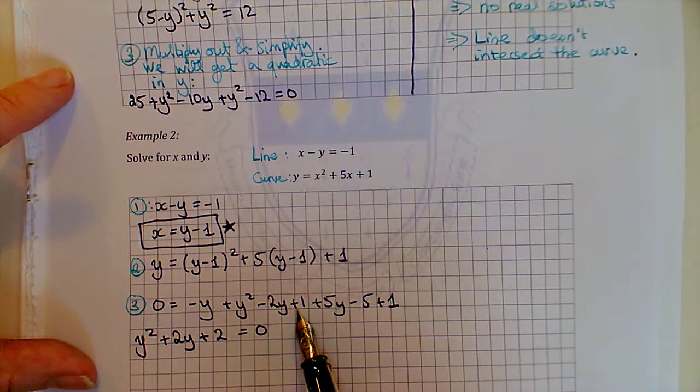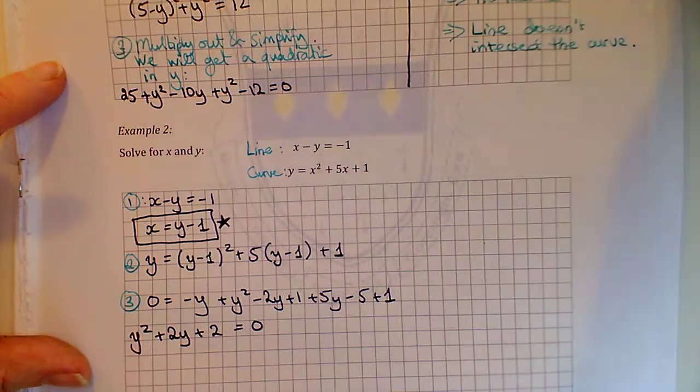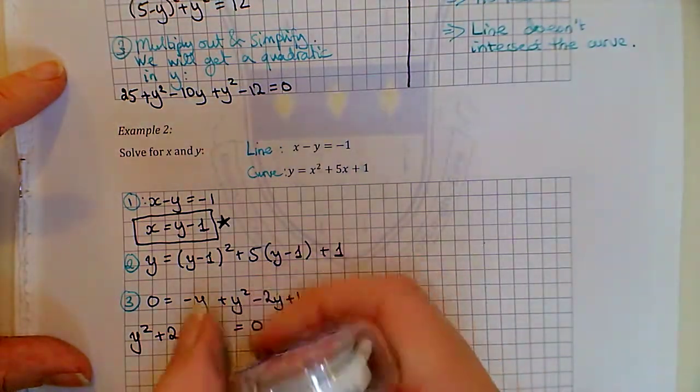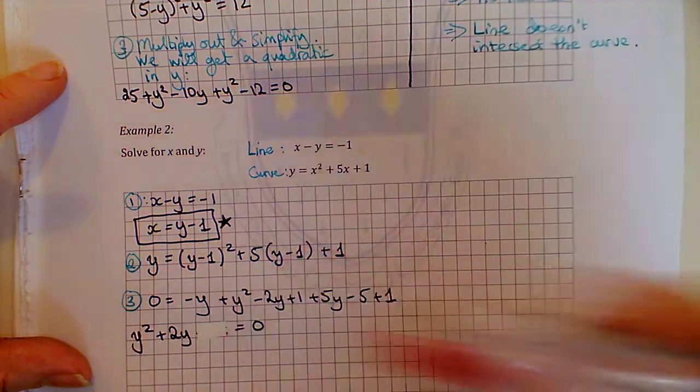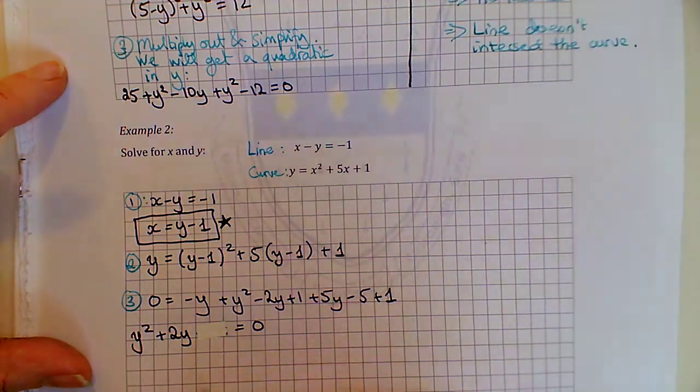So 1 minus 5, that's minus 4, plus 1 is minus 3. So this should have been minus 3. Okay, so y squared, yes, minus 1 minus 3 plus 2, 1 minus 4 minus 3.